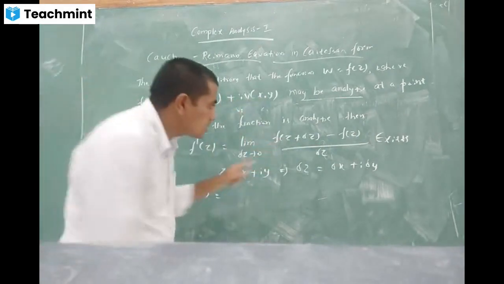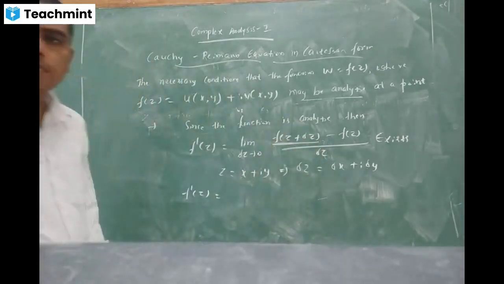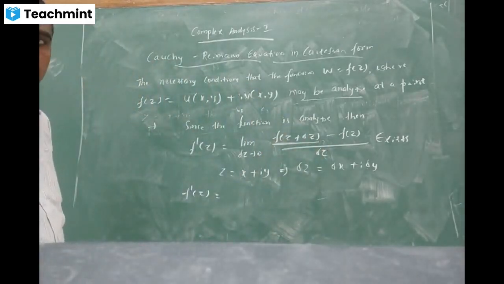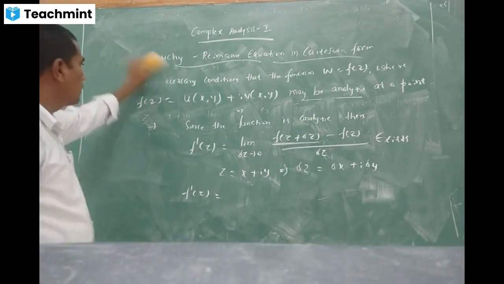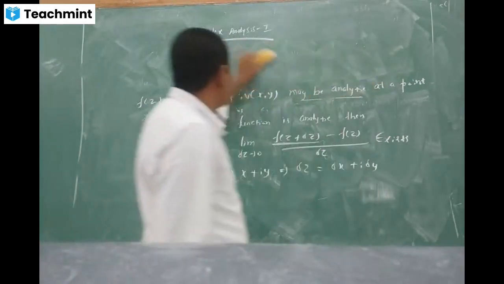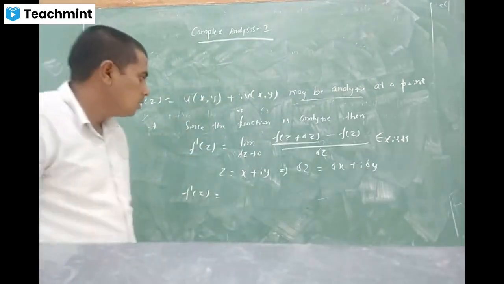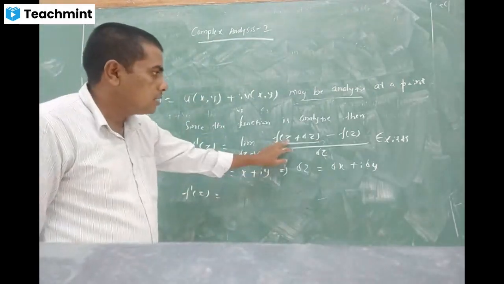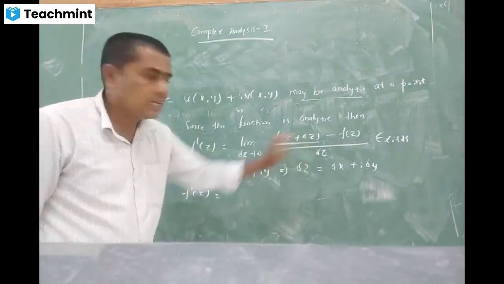Next, in place of z, x plus iy, z plus delta z, together I'm taking here.